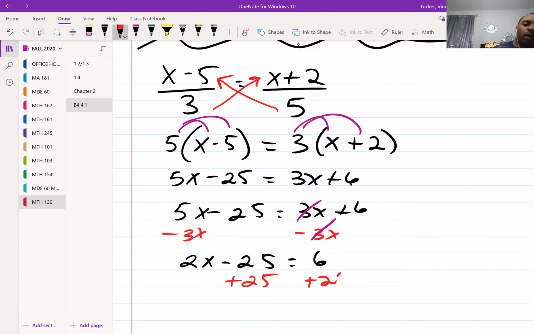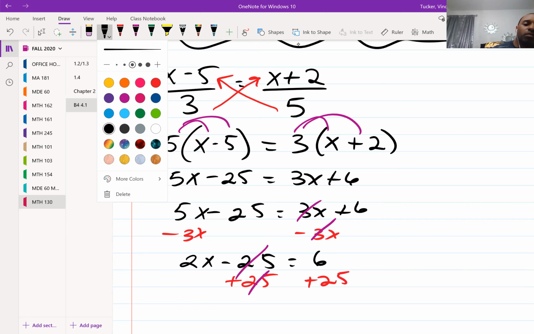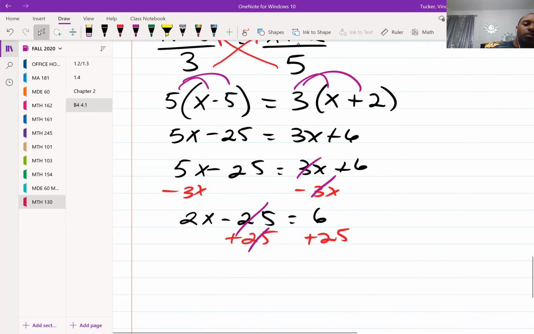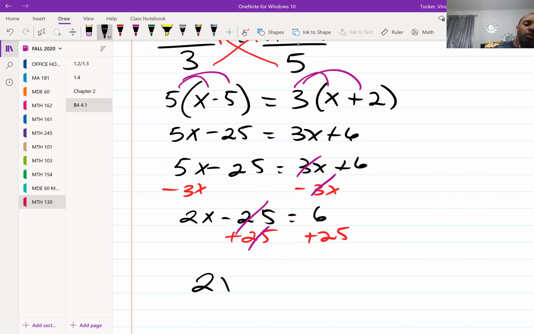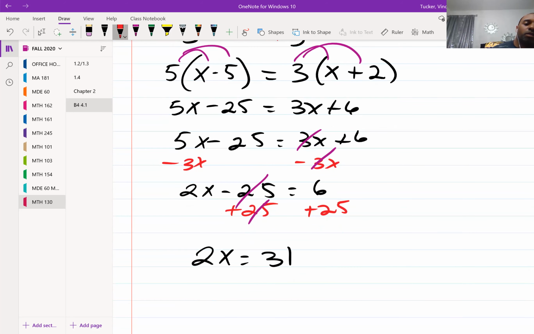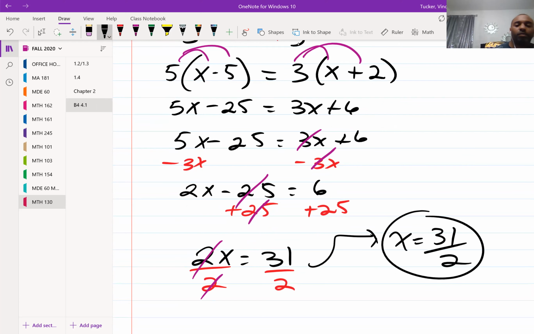Now I'll add 25 to both sides. Which gives me 2x equal to 31. Divide by 2. x is equal to 31 over 2.